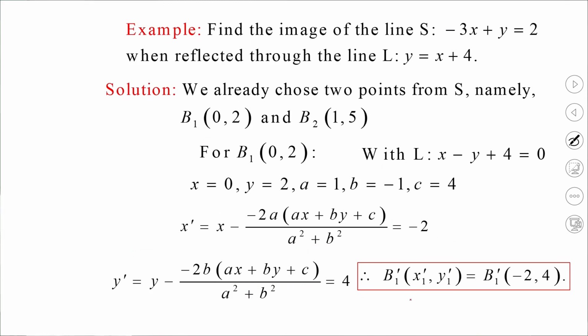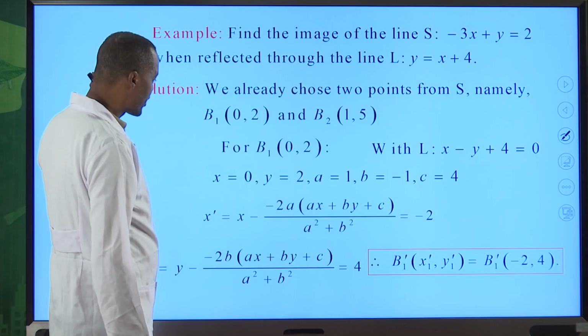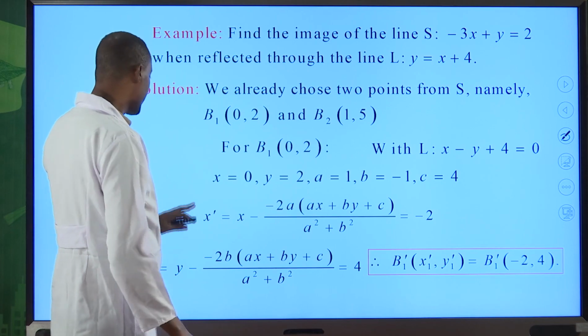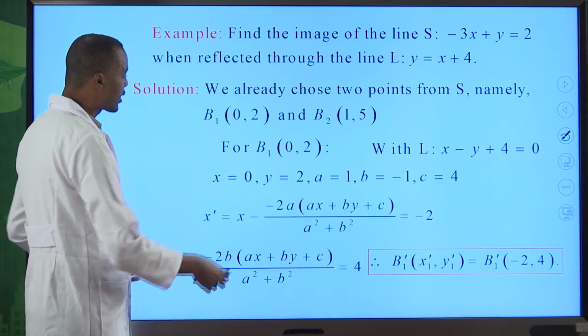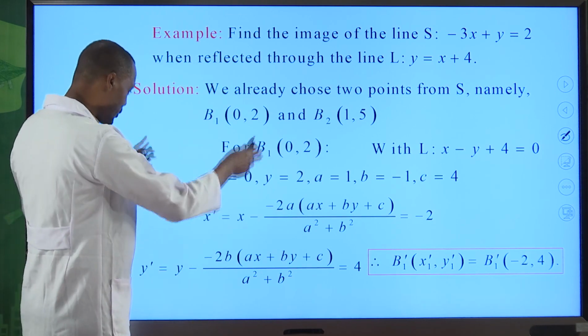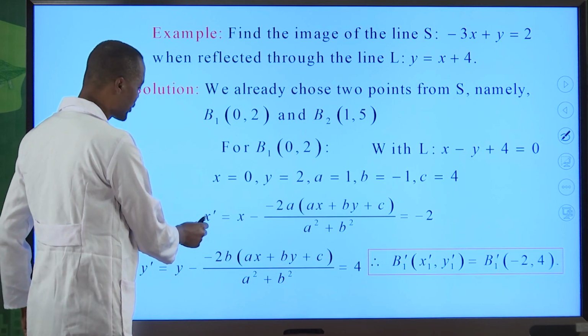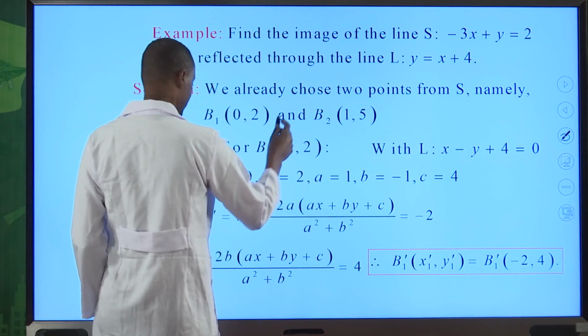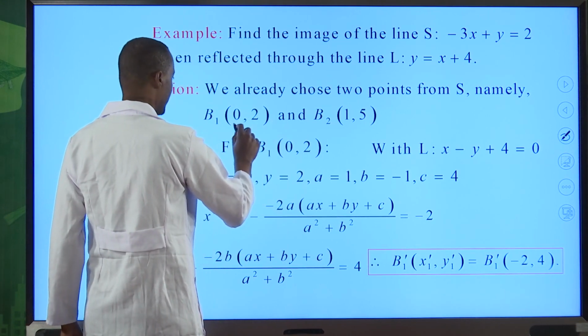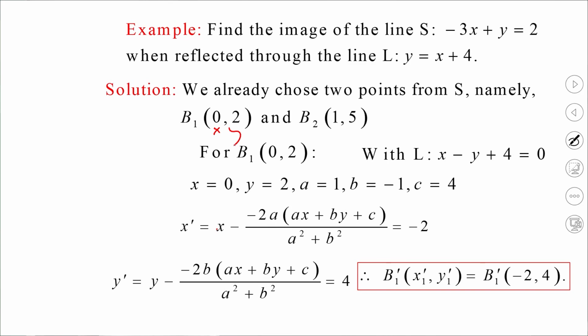Find the image of the line S: minus 3x plus y is equal to 2. That is the problem that we have done previously. I want to directly plug into these two formulas without having the angles to be calculated. It turns out that with only very few steps, when we substitute for x prime, where x in our case is, for example, these two pointers, x comma y, because now I'm restricting on this point first, because I'm now calculating for this point.